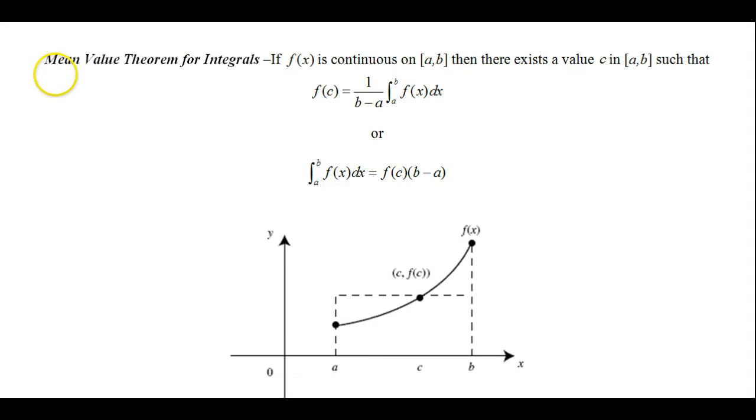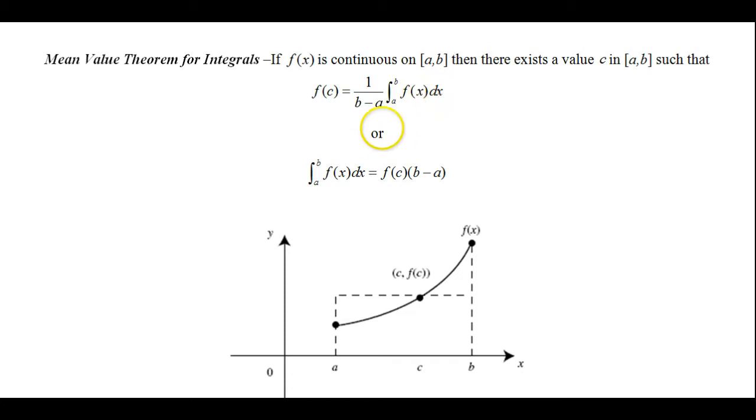So now that we have the definition of what it means to be the average value of a function, we can look at the formal statement of the mean value theorem for integrals. So the mean value theorem for integrals says that if f of x is some continuous function on this closed interval from a to b here, then there exists a value c in the closed interval from a to b such that f of c equals 1 divided by b minus a times the integral from a to b of f of x dx.